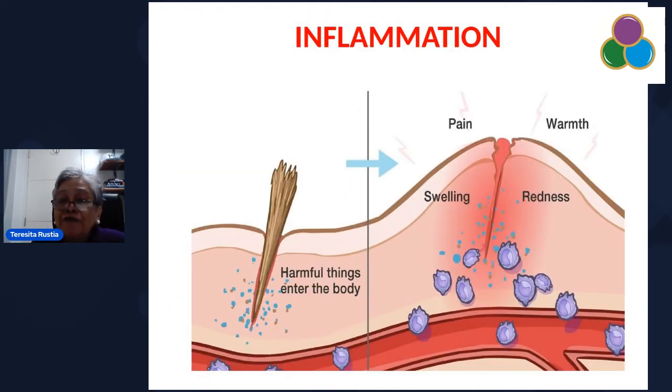Now, if the blood is very acidic, it delivers acidic water. Now, inflammations happen. For example, when harmful things like a glass splinter or wood splinter penetrate your skin, there will be swelling and pain because inflammation happens. Why?